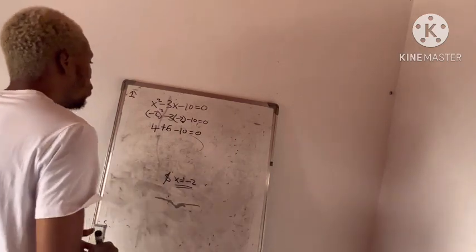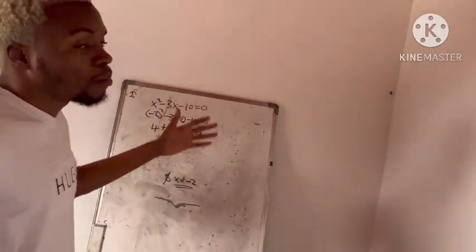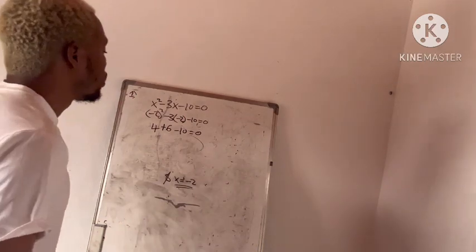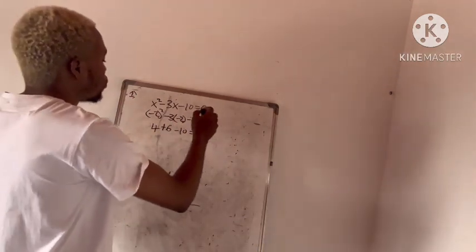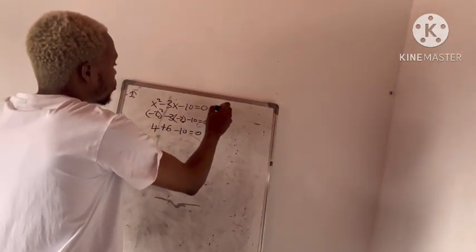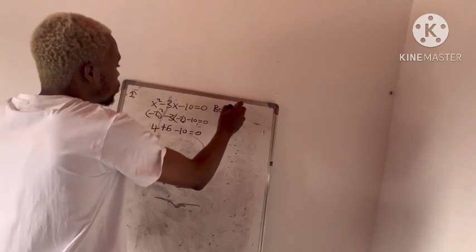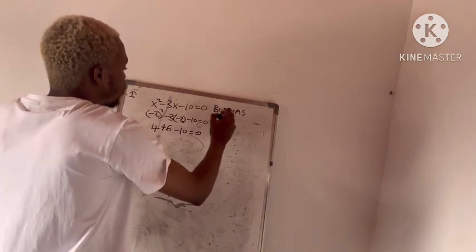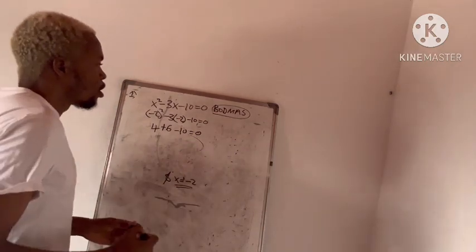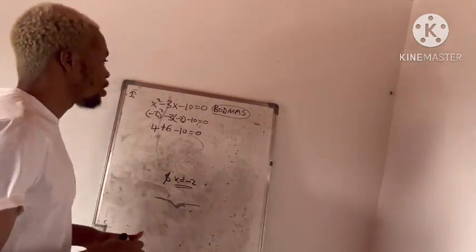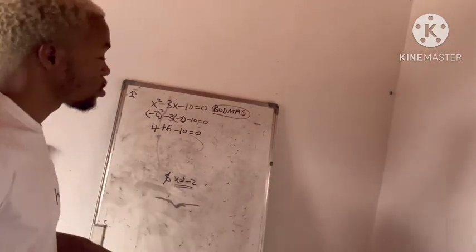Now we spoke about BODMAS already. Here you have a plus and a minus. You always have to start with something first, and that is the addition before the subtraction.